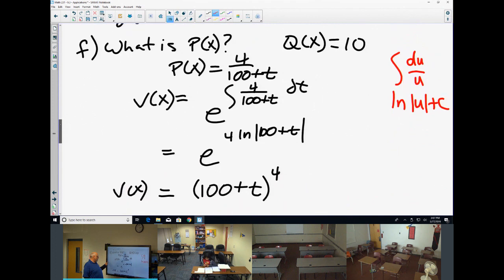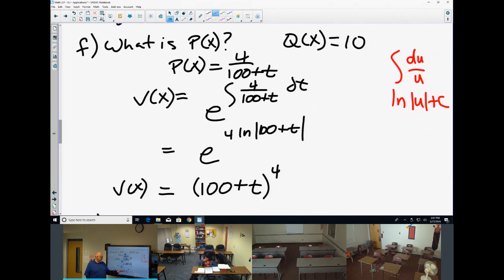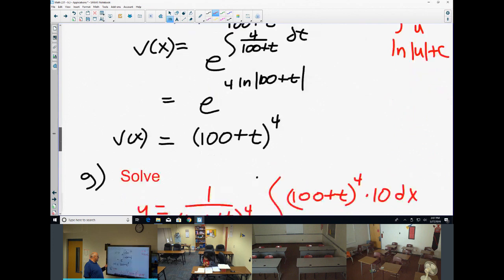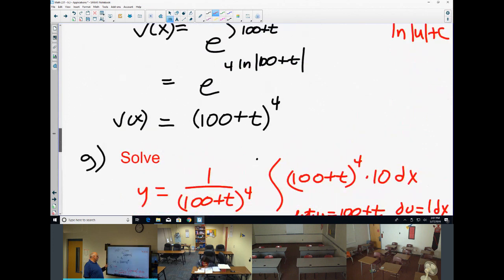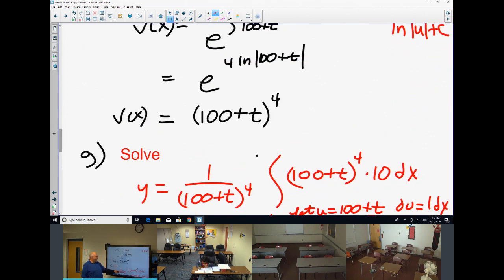So it's going to be 1 over v of x, so 100 plus t to the 4th, times the integral of 100 plus t to the 4th, so the v of x times q of x times 10, and then dx.